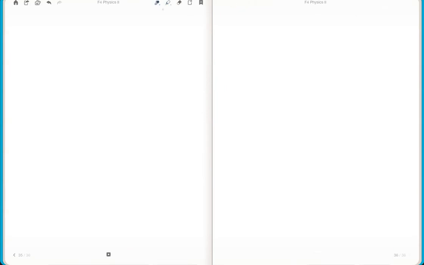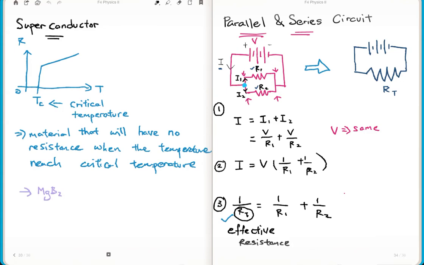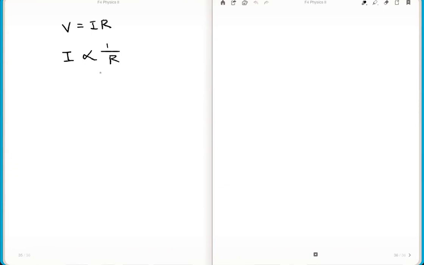Now, from our previous discussion, V equals IR, Ohm's law, so here I is inversely proportional to R. From our previous circuit diagram, I1 and I2, since they are inversely proportional, my I1 to I2 ratio would therefore be equal to R2 over R1.